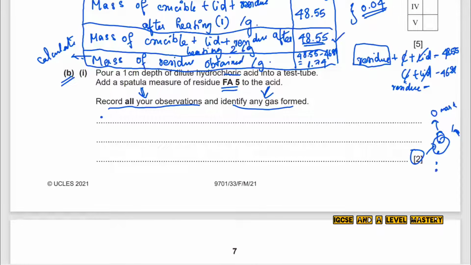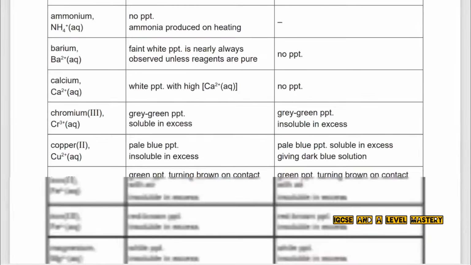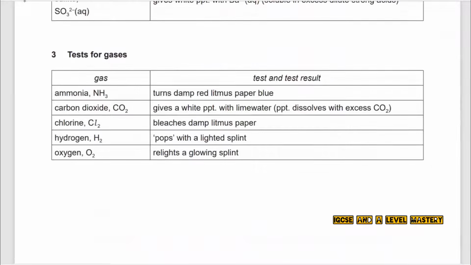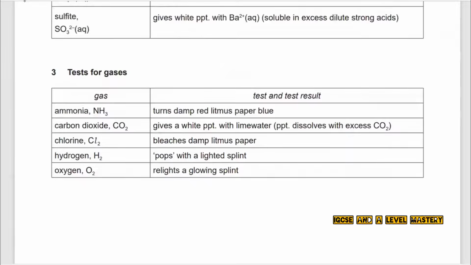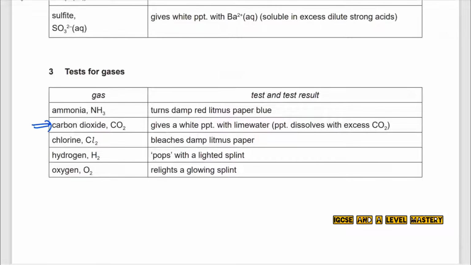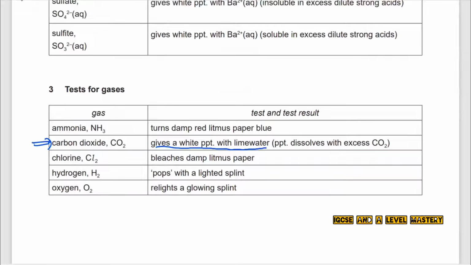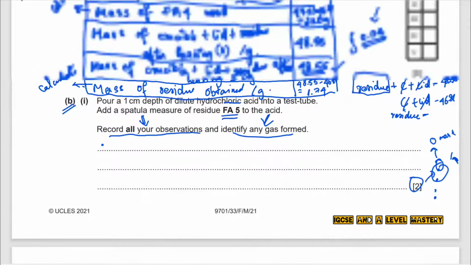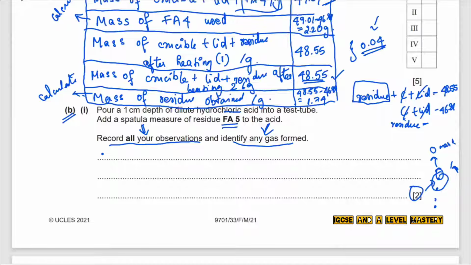So the test for carbon dioxide gas would be this one, that is, carbon dioxide gives a white precipitate with lime water. So we have to do the test with lime water. First, when we add this, at that time itself gas will be produced.